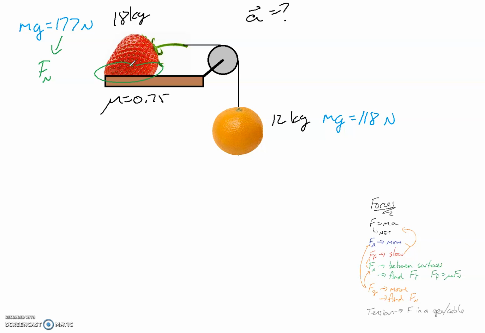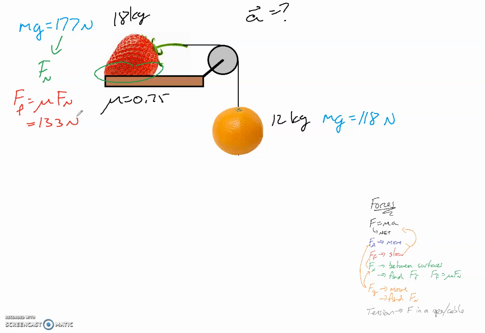Well, now that I have my Fn, I can use that to find out the friction between the strawberry and the table. So the coefficient is 0.75. If I multiply that by 177, I'll get a friction of about 133 newtons. So that's sort of what's going on with my strawberry.